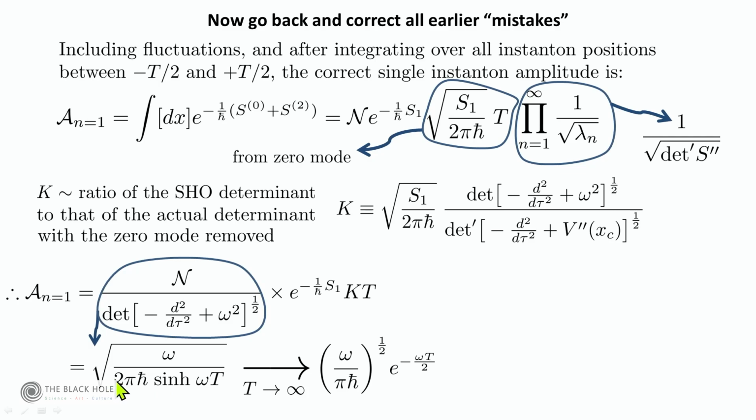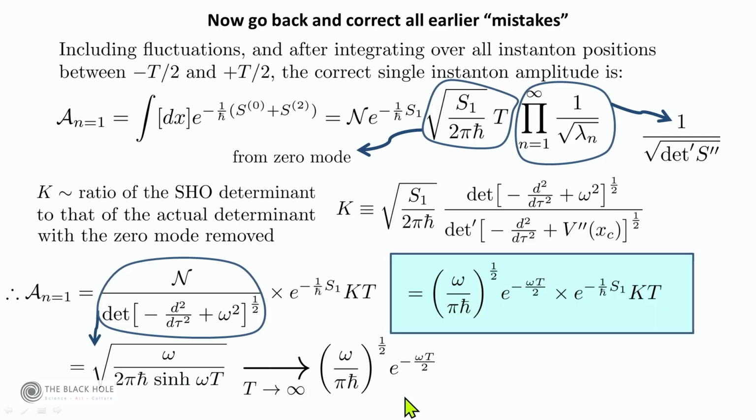So that 2 is cancelled by this 2. As t goes to infinity, only the positive exponential here contributes, which means that when it goes upstairs over here, and when you take the square root, then you get e to the minus omega t by 2. And then the rest, you can see, is just omega over pi h bar. And that's our grand result for a single instanton, n equal to 1.